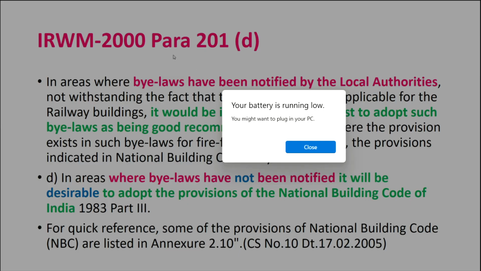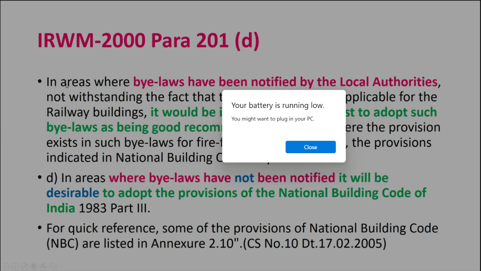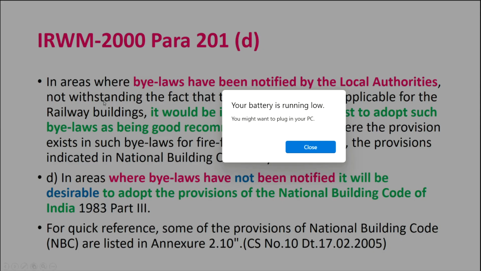Okay, yes. So I am just trying to put forward that particular clause of the works manual, which specifies that in areas where bylaws have been notified by the local authority, notwithstanding the fact that the bylaws are not applicable for the railway building, because we have a certain Railway Act where I am not supposed to take any type of permission from these authorities, still it is specified that it would be in the common interest to adopt such bylaws as being good recommended practice.